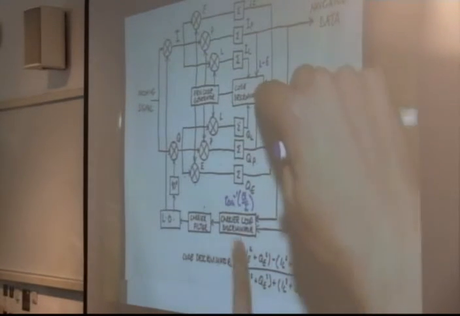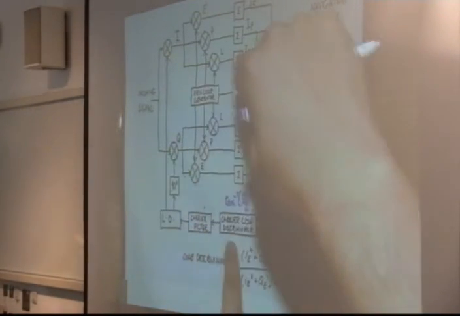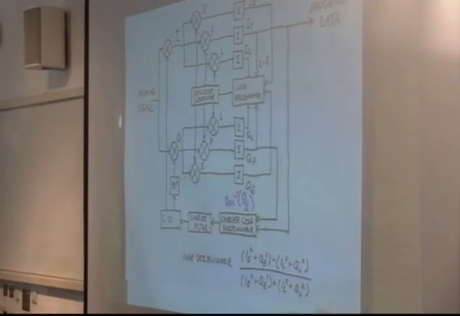These basically just output numbers that allow the tracking loops to correct both the carrier phase and the pseudo-random number phase.